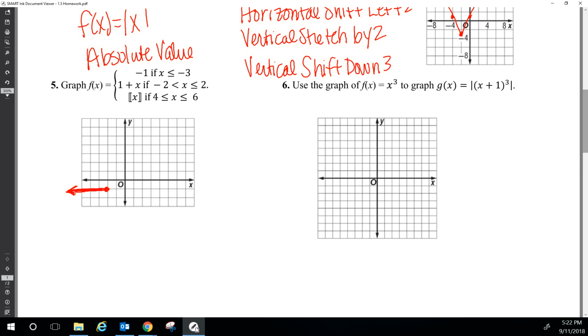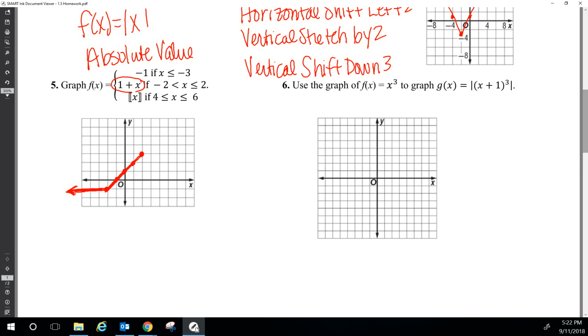All right, when x is between negative 2 and positive 2, my function is this linear function. The slope is 1, the y-intercept is 1. So we're starting here, going up 1 over 1, solid circle at 2, going backwards. I would have an open circle right here, but it's already filled in from the previous line. So here we go.